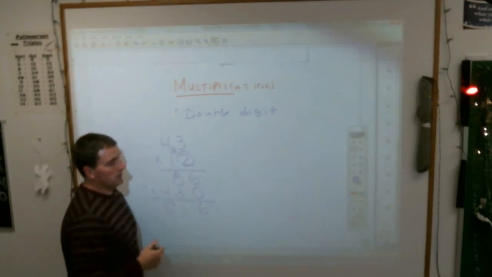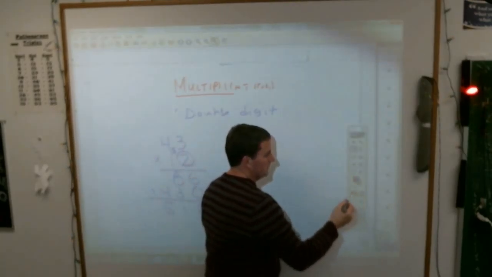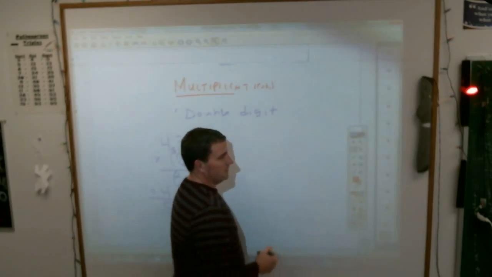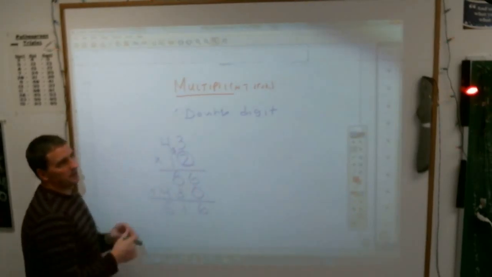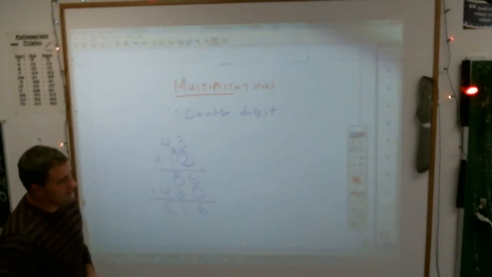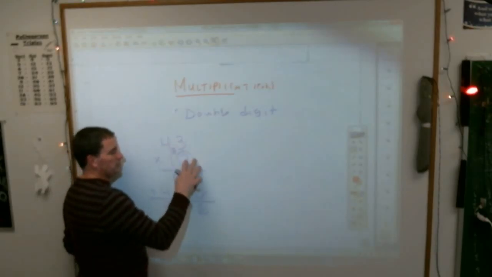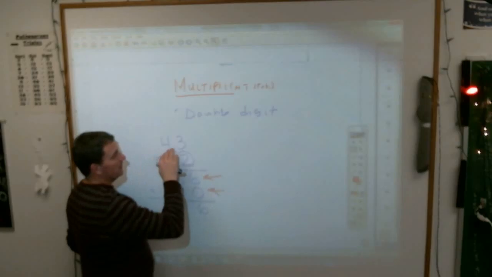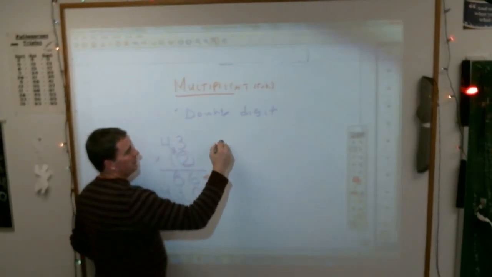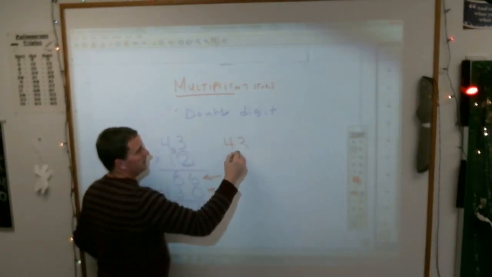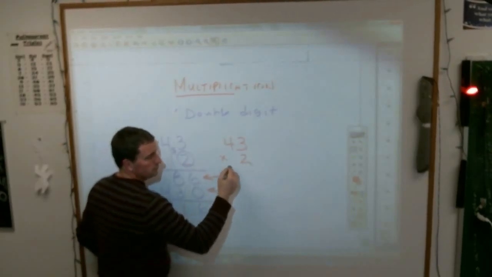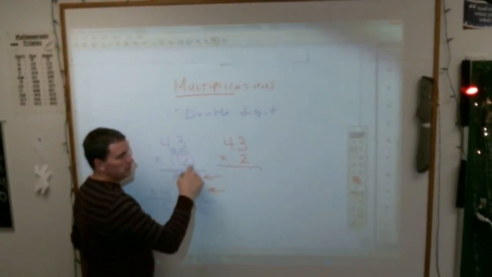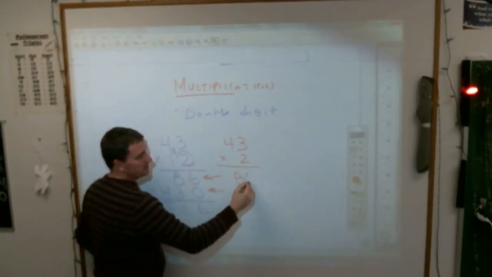But what I want you to understand is that this is putting together a whole bunch of things you're doing kind of behind the scenes. In other words, multiplying 43 times 12 is the same thing as multiplying 43 times 2. That's where the 2 is. That's what got us the 86.